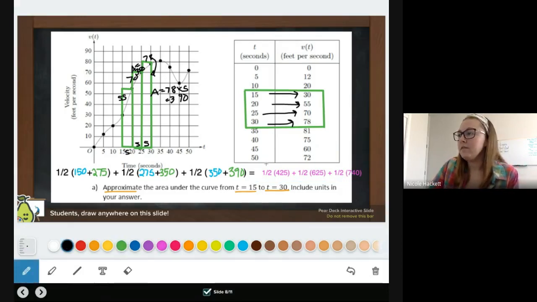So 1/2 of 425 is 212.5. Plus 1/2 of 625 is 312.5. And then we find 1/2 of 740, and that's 370.